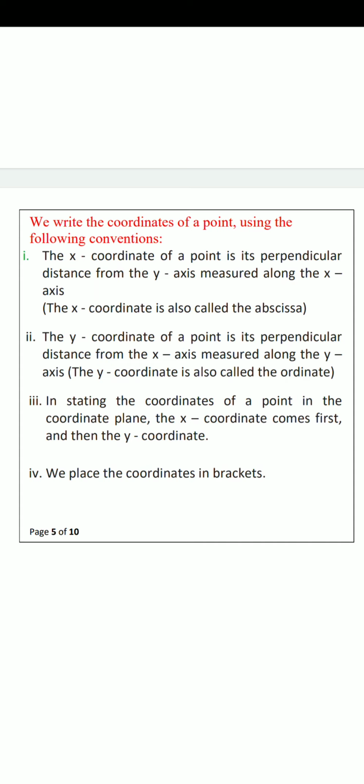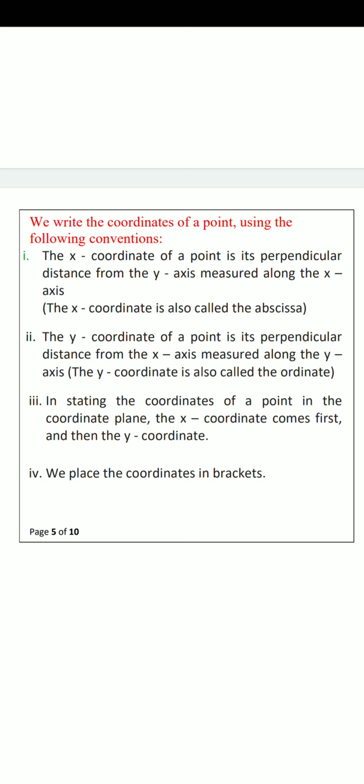The first point: the x coordinate of the point is its perpendicular distance from the y-axis measured along the x-axis. Means all the distance we have to measure from the origin. So the first distance we have to measure from the y-axis, and that is known as the x coordinate.